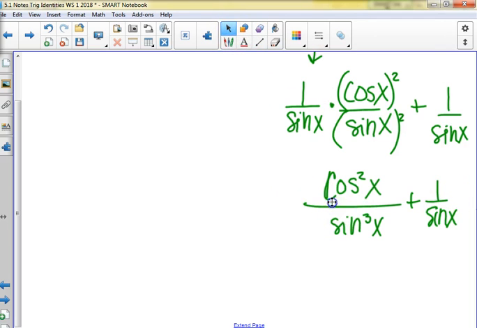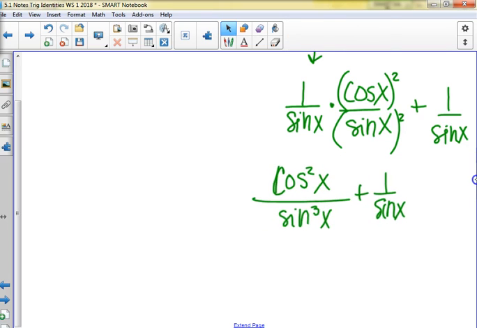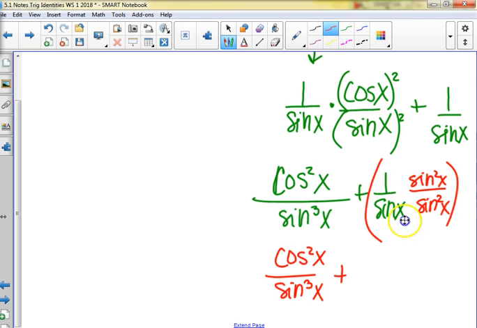Well, what's a form of 1 that would help me here? Sine squared over sine squared? That doesn't change the value, right? Because I just multiplied by a form of 1. So now I have cosine squared over sine cubed over here. And this becomes what? Sine squared over sine cubed.